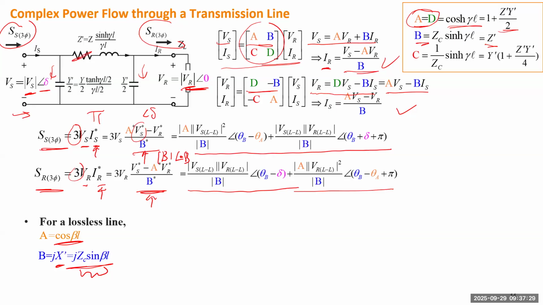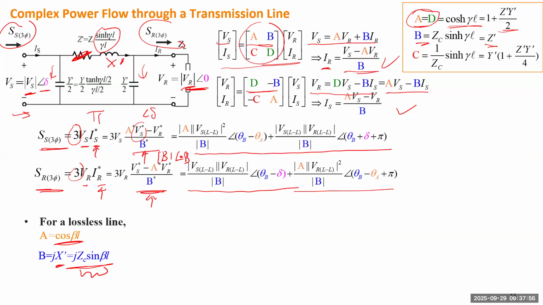If we ignore the resistance, the actual reactance will be X, and we add a prime because it's going to be X multiplied by a factor, right? That factor is very close to 1 for medium and short lines. So X' will be just the equivalent total reactance of the line. So B will be jX'.